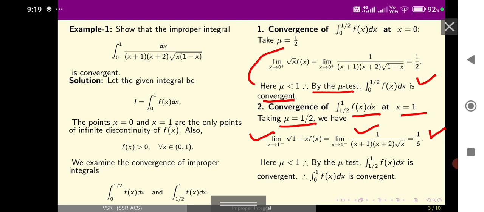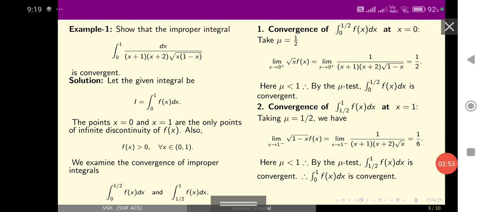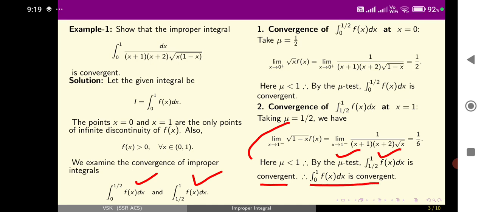Again here the value of mu is less than 1 because we have supposed that mu is equal to 1 by 2. So by mu test the integral from 1 by 2 to 1 of f(x) dx is convergent. Now because both these are convergent, we conclude that the integral from 0 to 1 of f(x) dx is convergent.